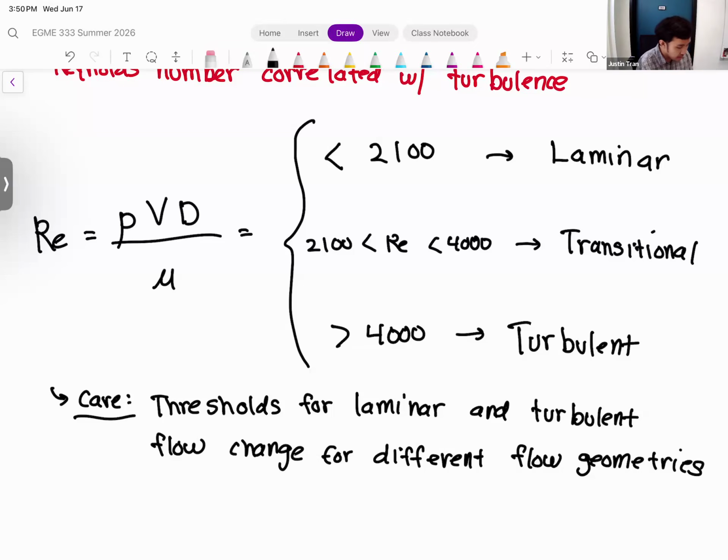Okay. All right, so the next thing I want to talk about is this idea of pressure and viscosity.